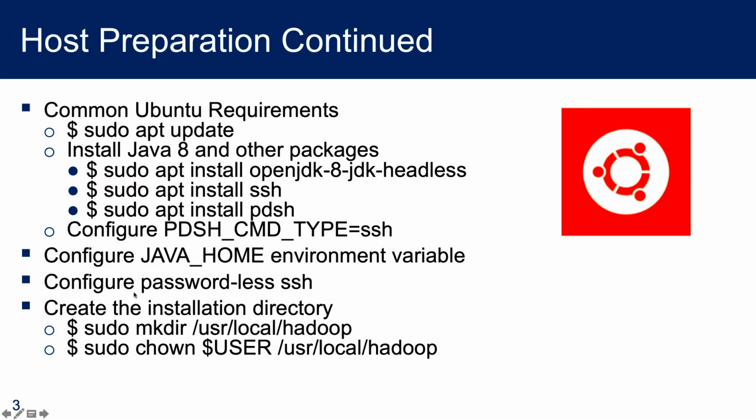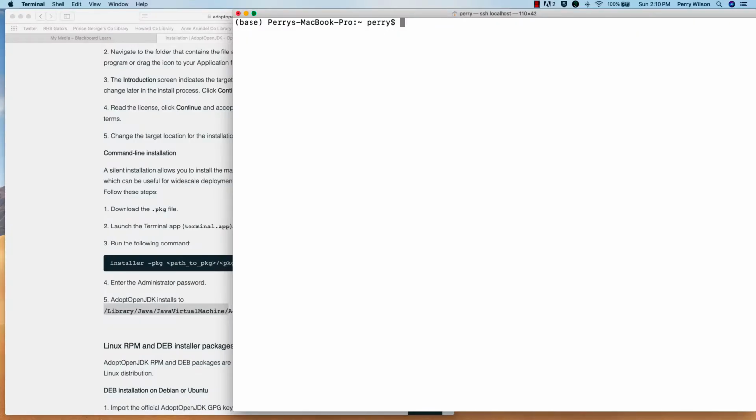For this last step, we need to create an installation folder. I've already done that, but I'll show you what to do. Here you can see that I've already got Hadoop 3.2 installed in my /usr/local/hadoop.